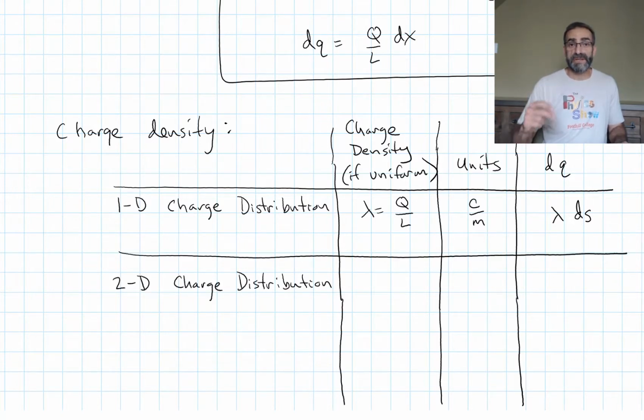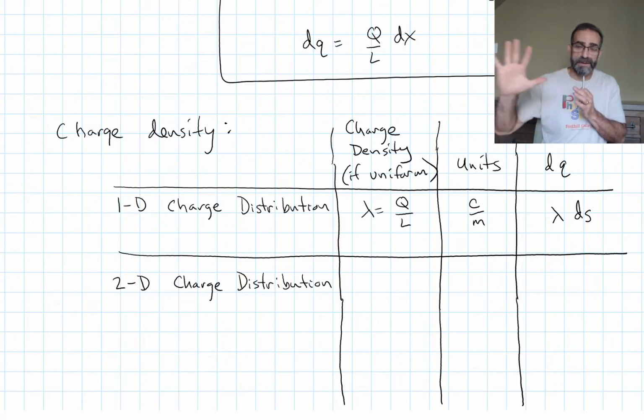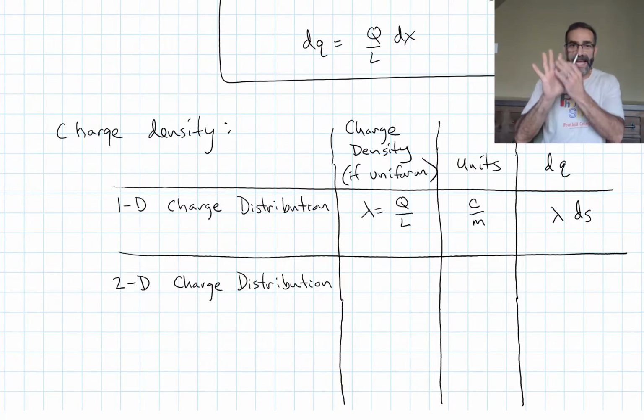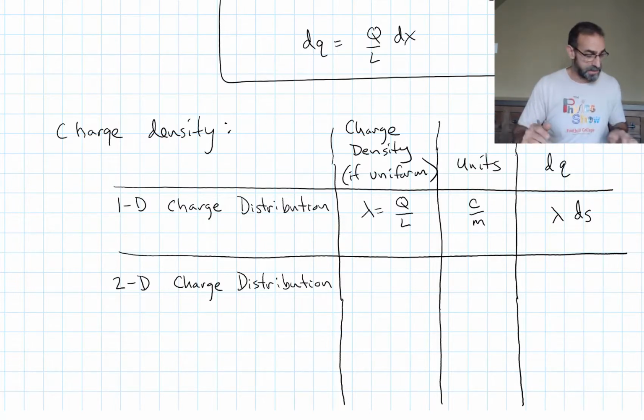For a two-dimensional charge distribution, the charge is spread out over a surface. It could be a thin sheet like a wall. It could be a flat disk. Charge is spread out over two dimensions, a surface. We use a different symbol for charge density. I'm not sure why, maybe because the units are different.